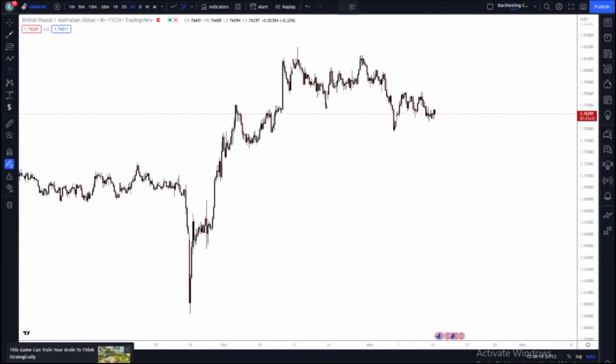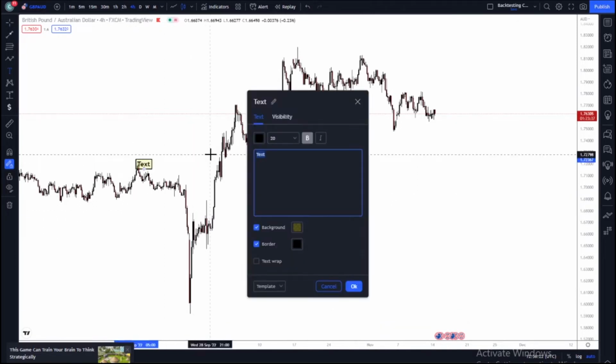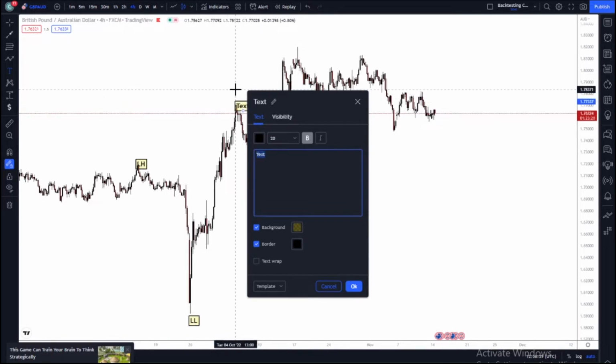We first identify the structures of the market, which is LH. LH stands for lower high. So we have our LH, we have our lower low right here, which is LL, which created a new higher high, which is HH.